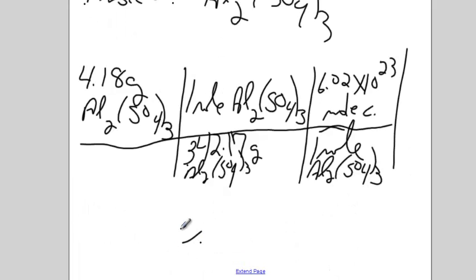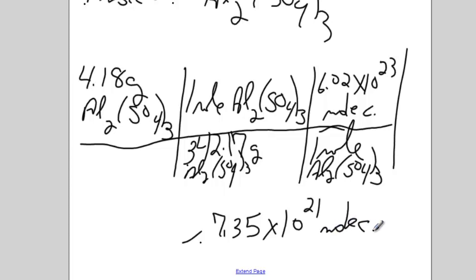So that's 4.18 divided by 342.17 times 6.02 times 10 to the 23rd, which is 7.35 times 10 to the 21st molecules. And of course I could do this in any order I wanted. I could start with molecules and go to grams, but I have to go through moles first. Molecules to moles, moles to grams. I can't go straight from molecules to grams. I have to go through moles.